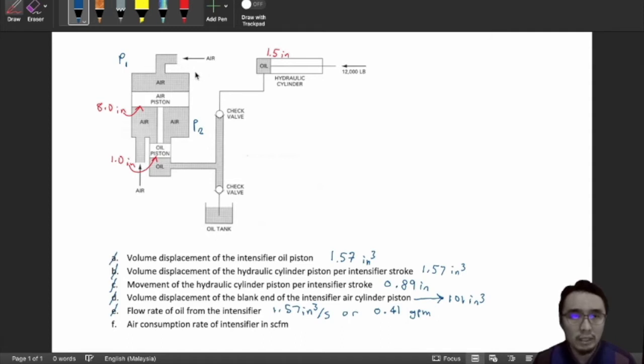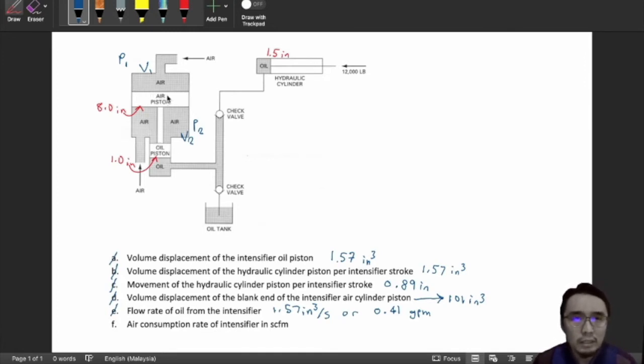So we can say a certain volume V1 from the atmosphere, and for P2, the volume of air used in the system, which is the 101 cubic inch here. We need to find V1, because if we can find V1, then we can find the flow rate, which is Q is just V over T.